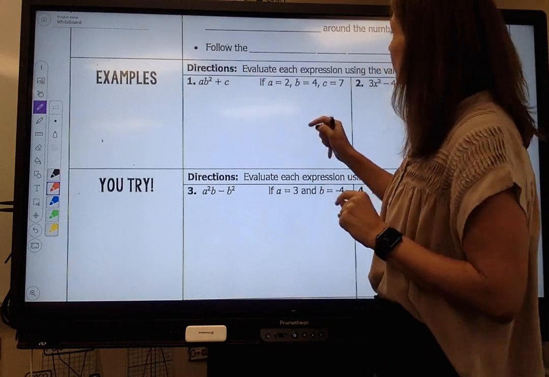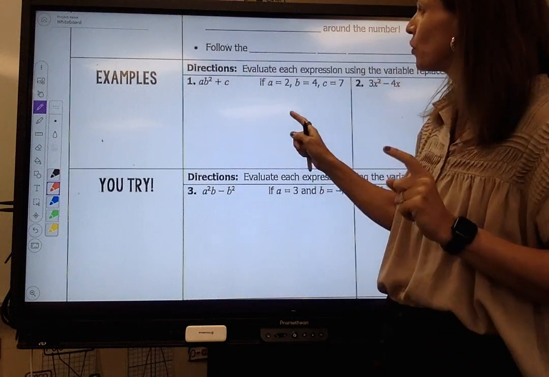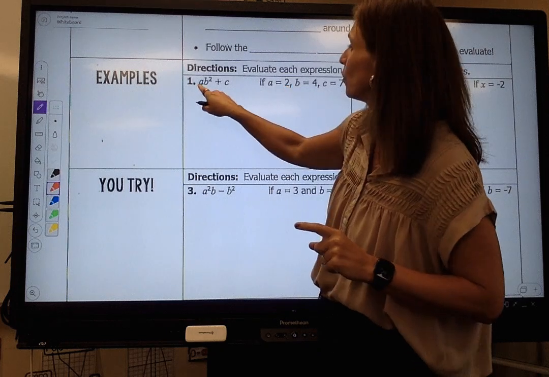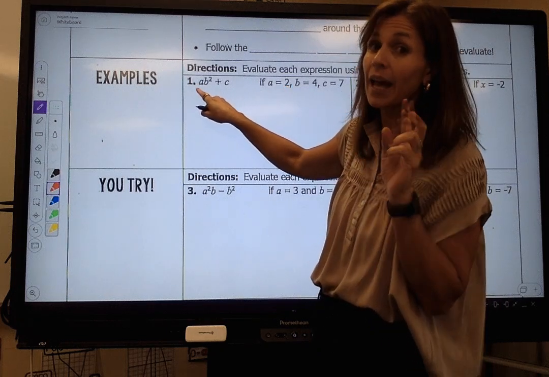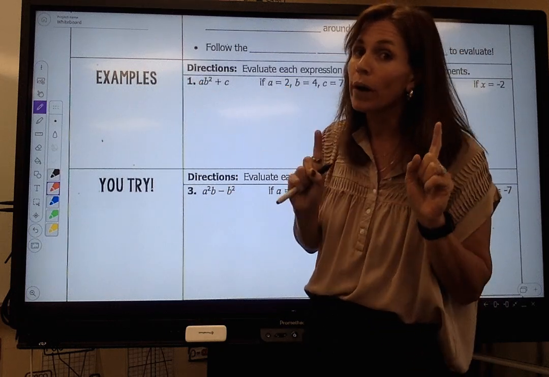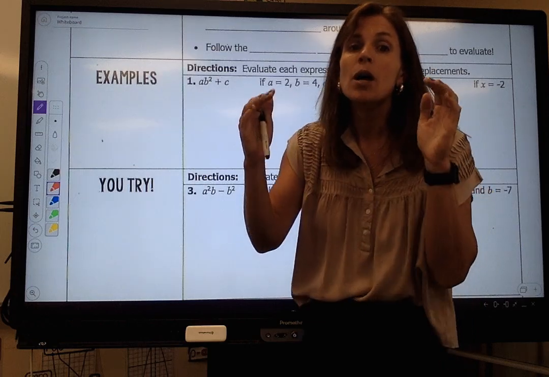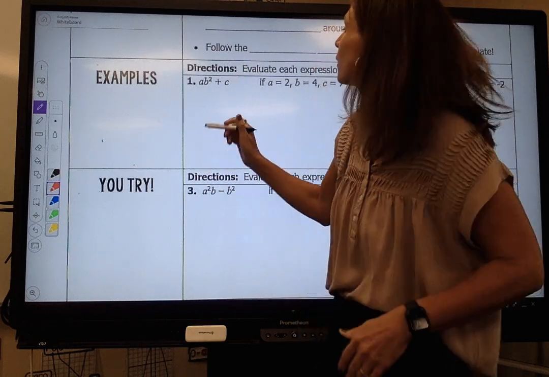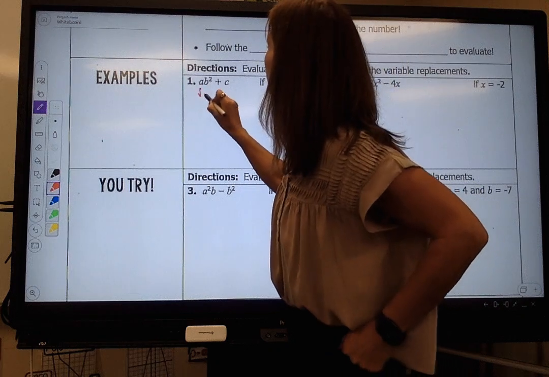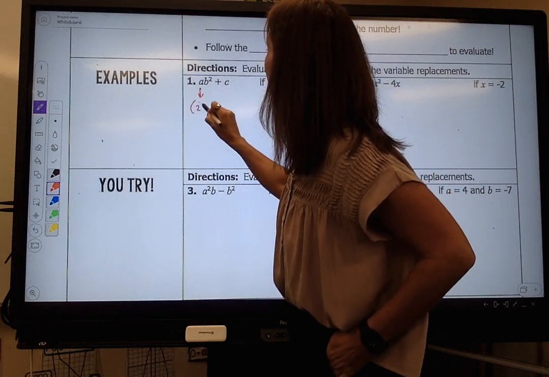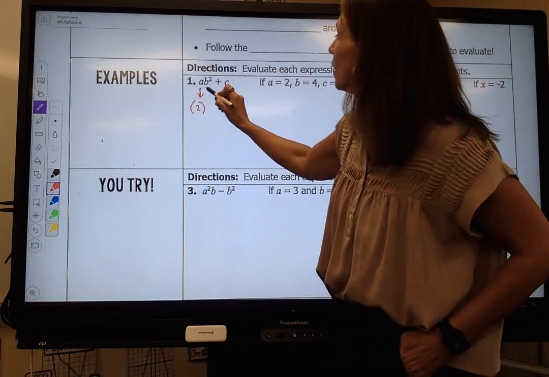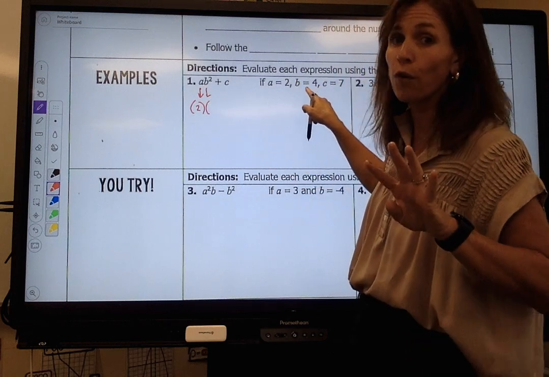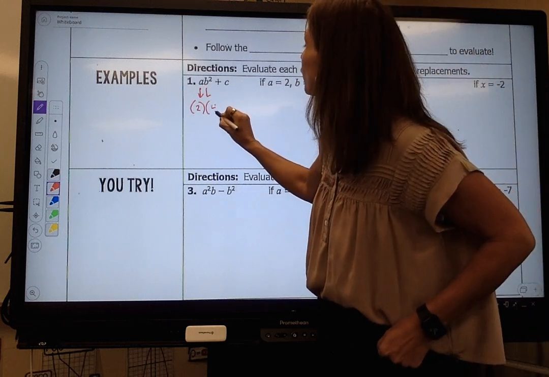So here we go. Remember that substitution that we talked about. So here's what it means. If A equals 2, that means in place of A, I'm going to put the number 2. What is the most important rule in algebra? Put parentheses around whatever it is you're evaluating. So look what happens. Because there's A, I'm putting parentheses. A is 2. I'm bringing down my B. What's my value for B? 4. So I'm putting 4 in parentheses.